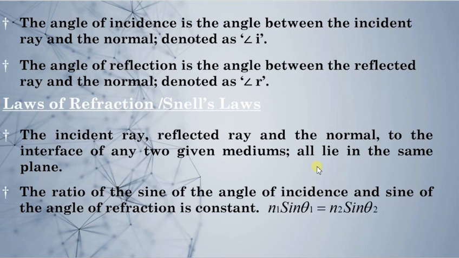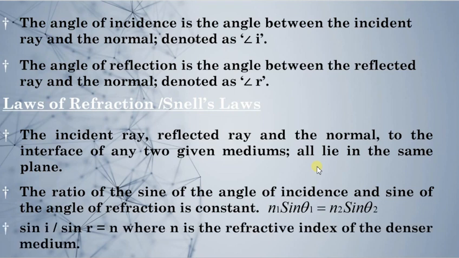These things we will be studying in the higher classes. Those who are in 10th would be able to have an idea what it is. So sin i / sin r = n, where n is the refractive index of the denser medium. So this is what the laws of refraction are.